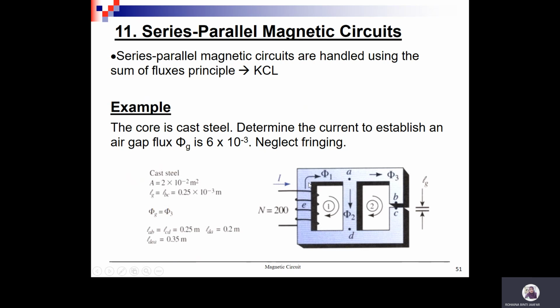You can see that you have sections with series and parallel connections. In this one, the core is cast steel. Determine the current to establish an air gap flux. The air gap flux equals 6 times 10 to the power minus 3, neglecting the fringing effect. So these are the information given.